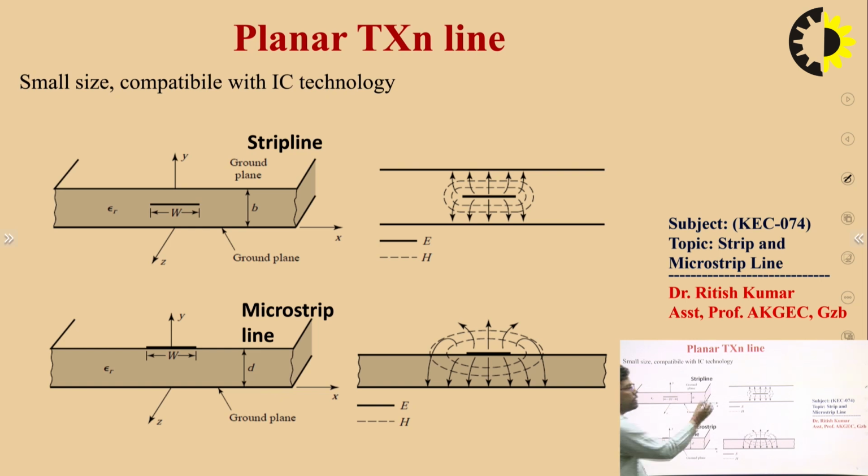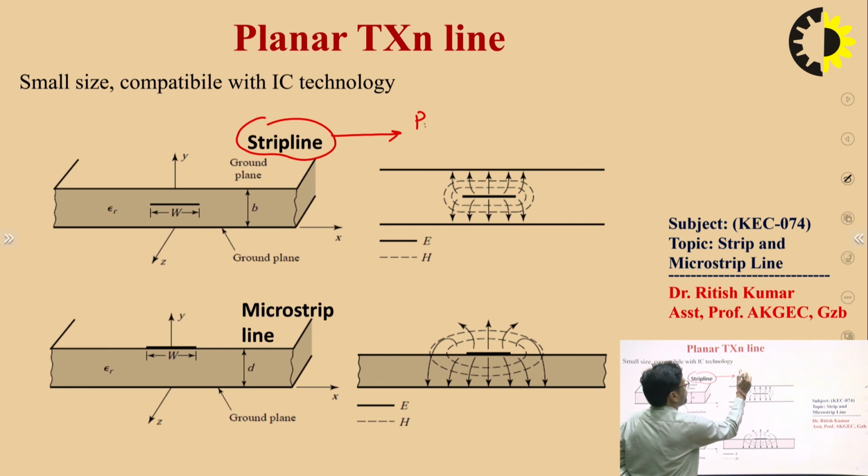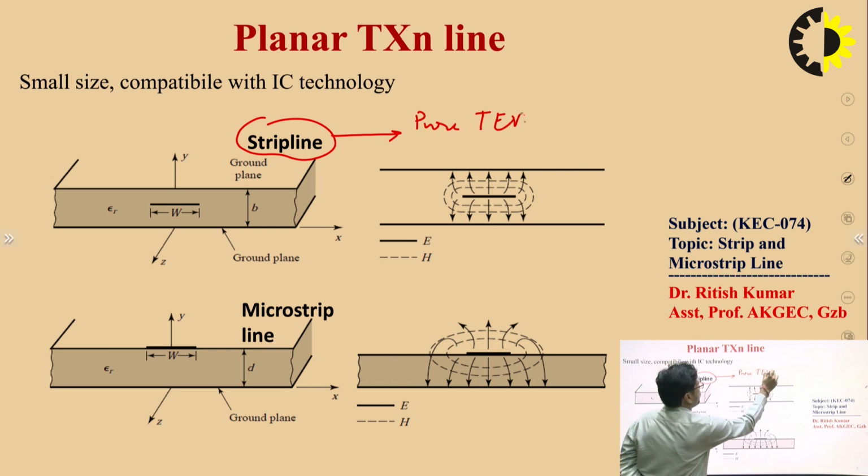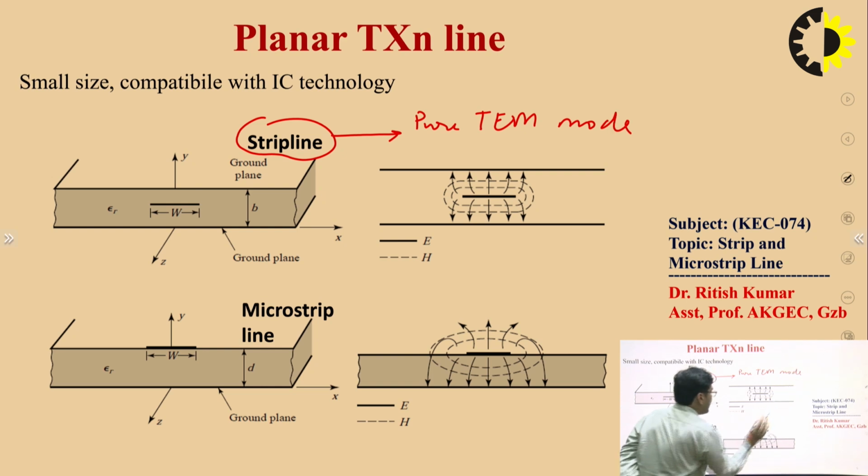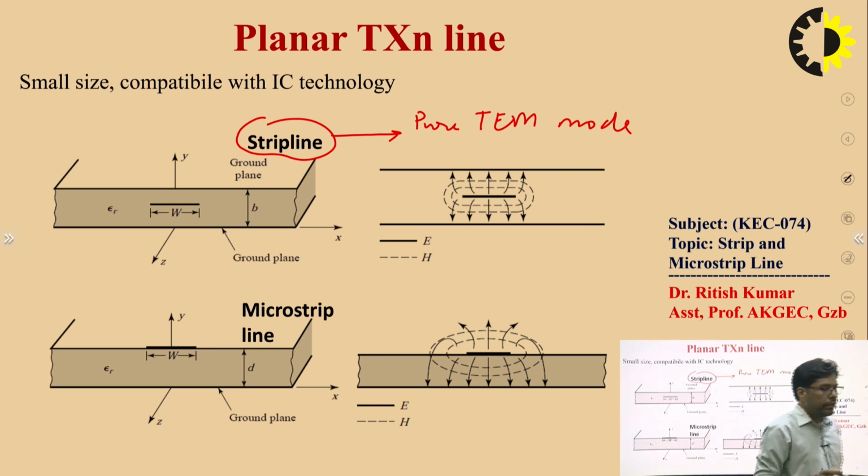So we can say strip line has the pure TEM mode, while in the case of microstrip line, the strip lies in between two media. So it does not contain the pure TEM mode, but it contains the quasi TEM mode.